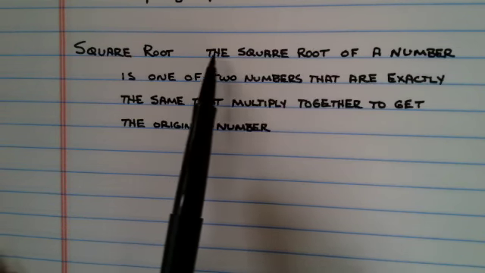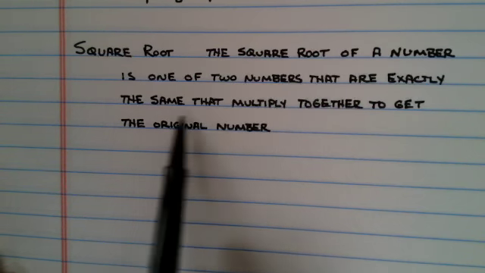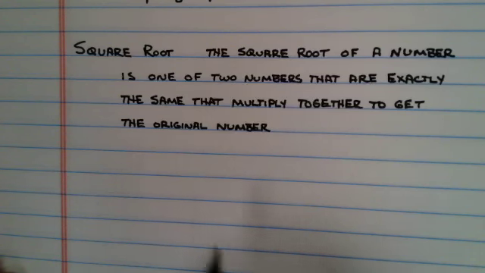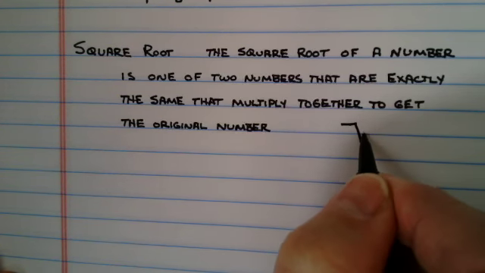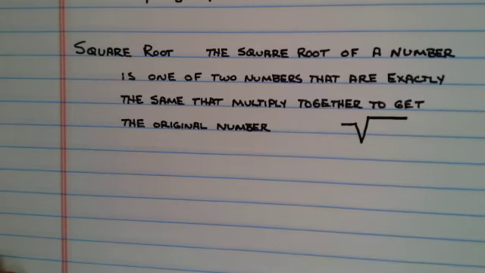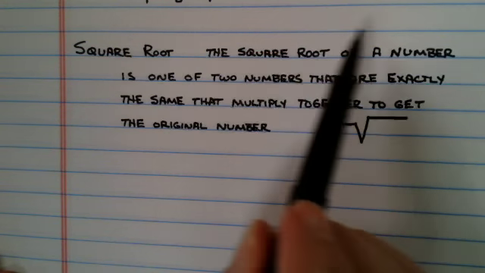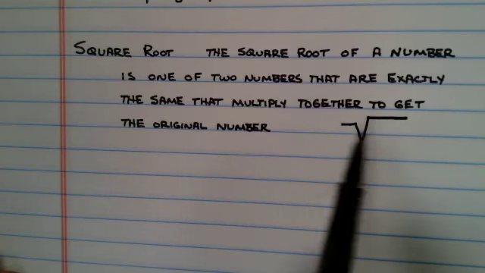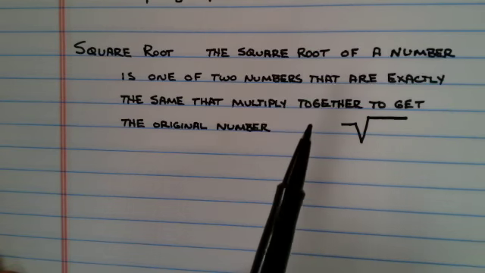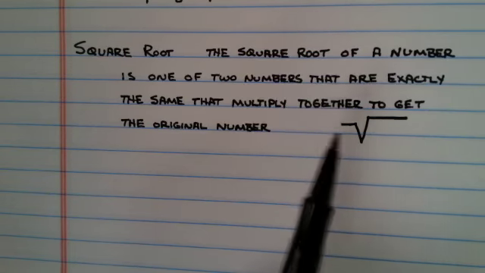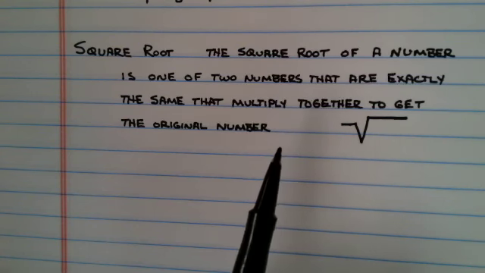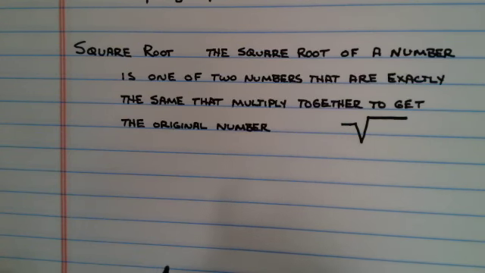Instead of writing all these directions out every single time, there is a symbol that means find the square root. This symbol is all these words. When you see the symbol, you need to find one of two numbers that are exactly the same that multiply together to get the original number.